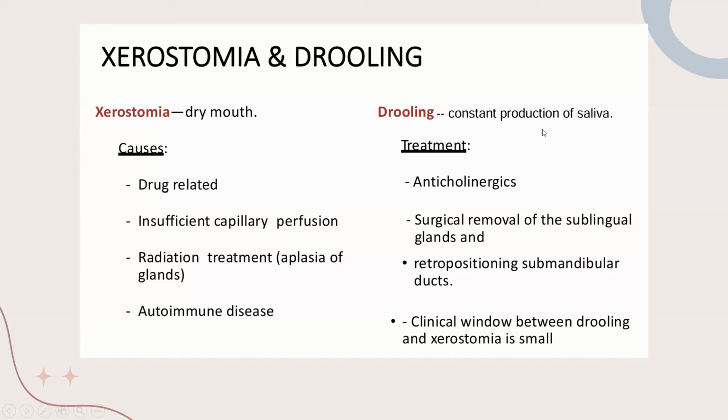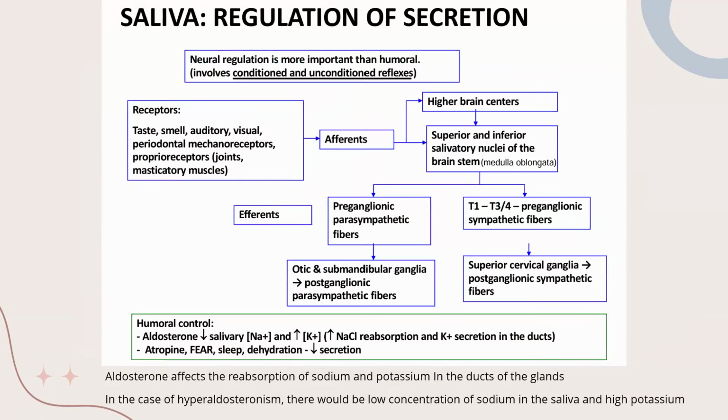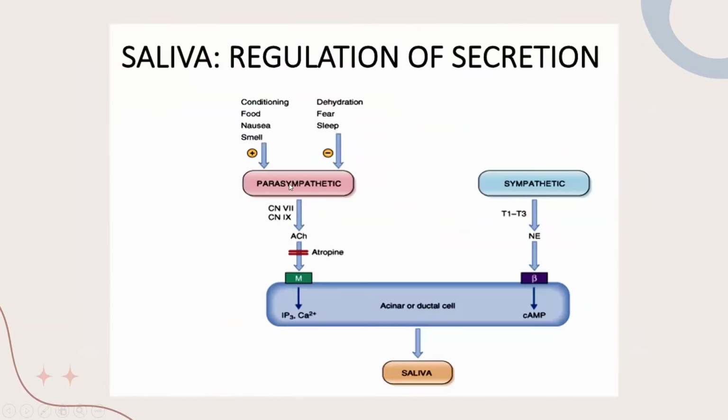For drooling, we said it's constant production of saliva. Treatment of drooling is anticholinergics. And why is that so? Because, as we said, you can see here we have the parasympathetic system releasing acetylcholine, which acts on the M receptor.